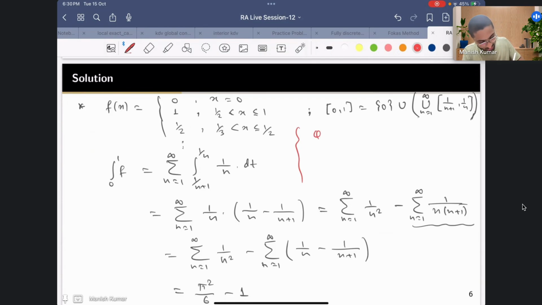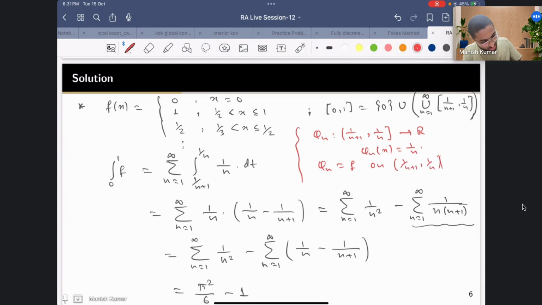You can define this phi n from, let's say, 1 by n plus 1 to 1 by n, to R, and you can say this phi n of x will be just 1 by n. And then you can say that phi n is equal to f on this closed interval 1 by n plus 1 to 1 by n.